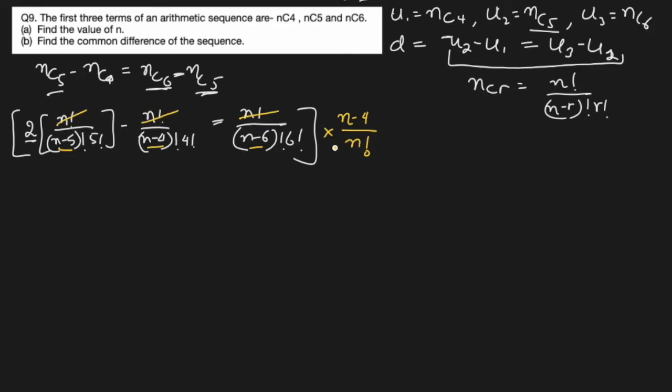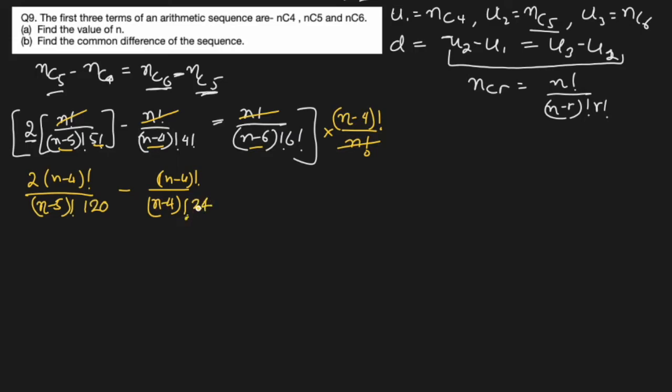So what are we left with here? 2 times n minus 4 factorial over n minus 5 factorial, and 5 factorial is 120, minus n minus 4 factorial over n minus 4 factorial, and 4 factorial is 24, equal to n minus 4 factorial over n minus 6 factorial, and 6 factorial is 720.